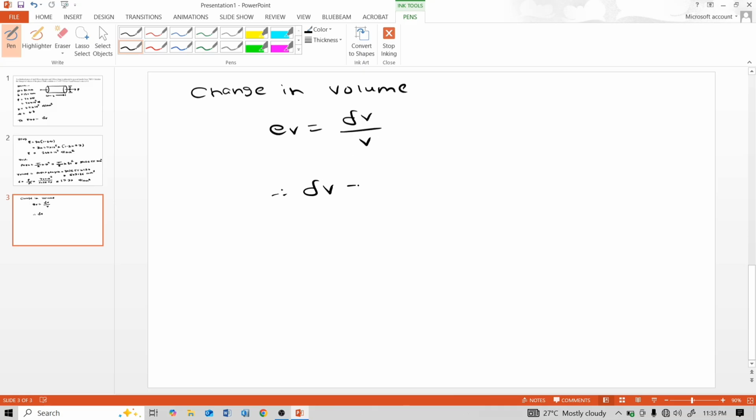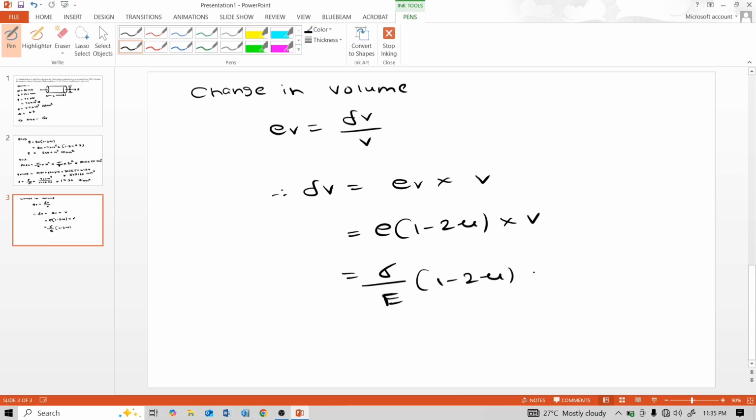Therefore, change in volume is equal to EV into V, and EV for a bar subjected to uniaxial stress is E into 1 minus 2 mu, into V, where E is stress upon Young's modulus. So change in volume is stress upon Young's modulus, 1 minus 2 mu, into V.